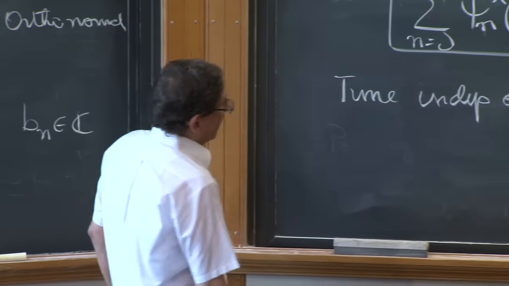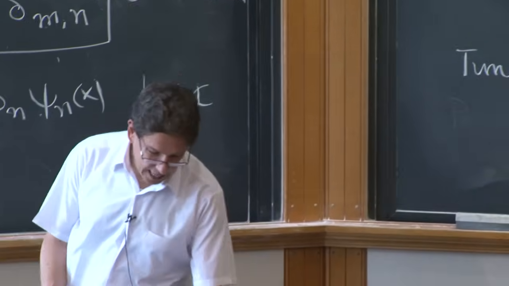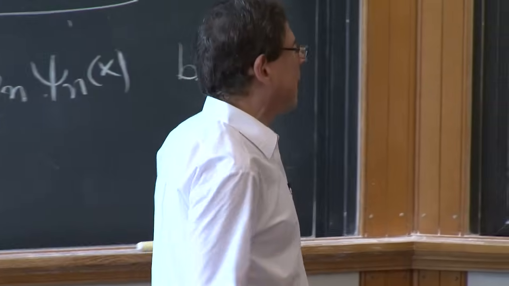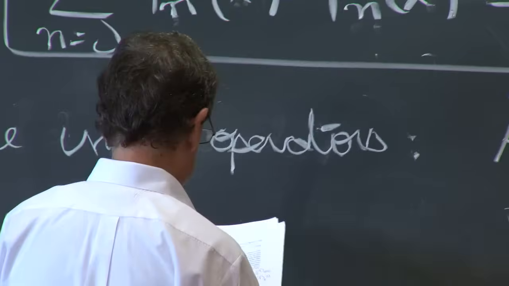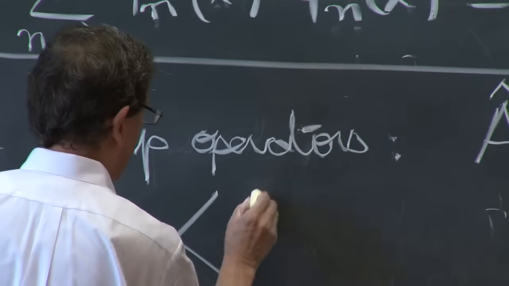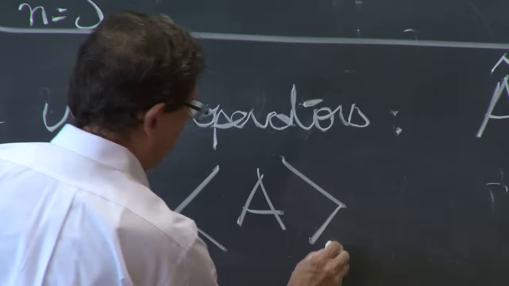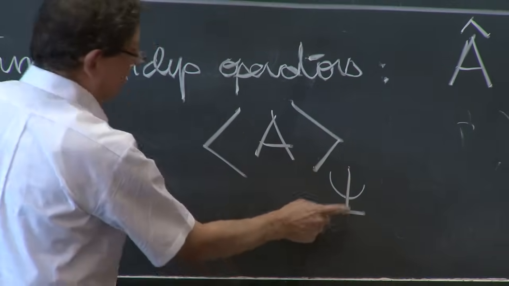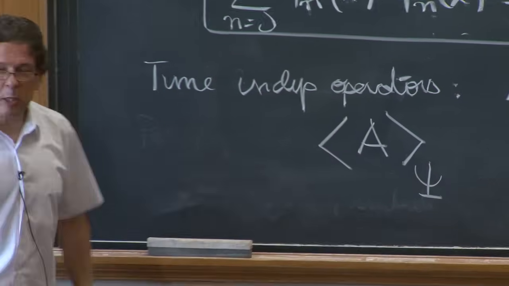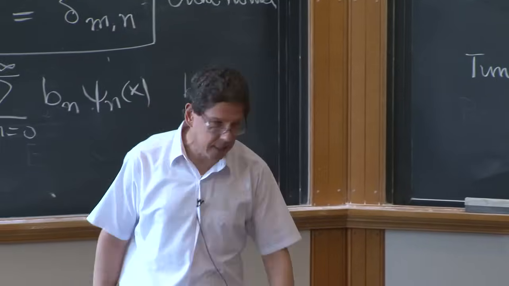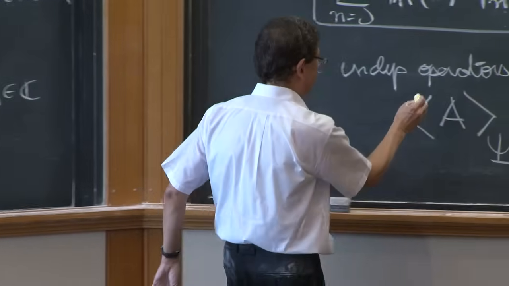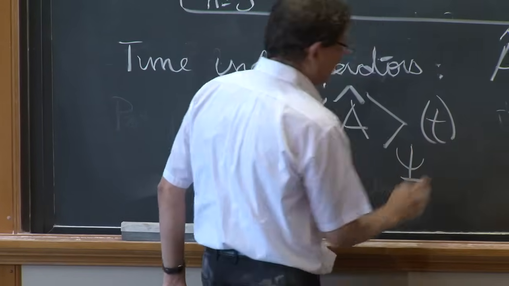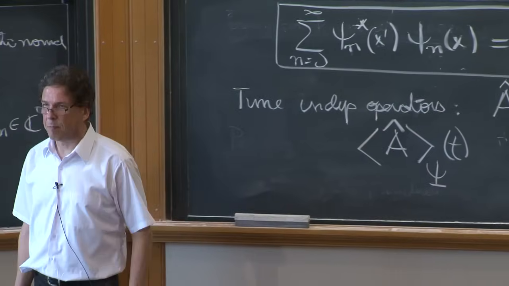Then we have the expectation value of this operator on a normalized state. So what does that mean? The expectation value of this operator on a wave function. Now this wave function is time dependent, so the expectation value of this operator is expected to be a function of time.